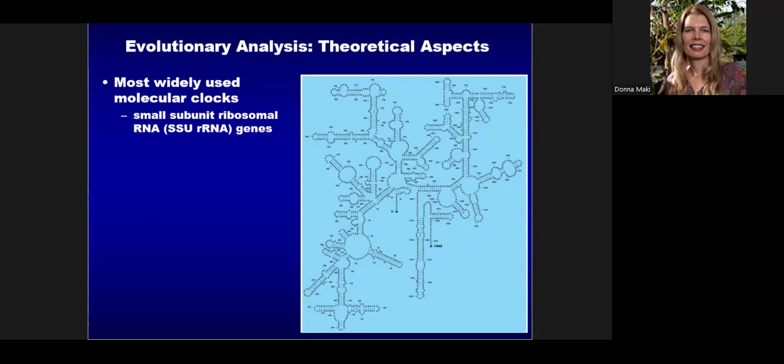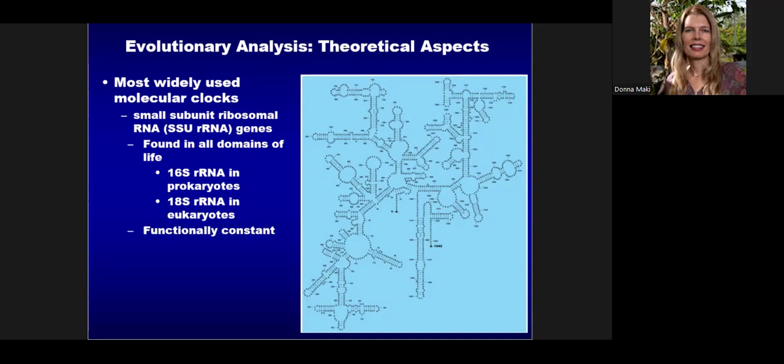So with microbes, that can work. When they do that, just be aware that microbes, or the prokaryotic cell type, have the so-called 16S ribosomal RNA, and the eukaryotic cell type has the 18S. So it's a little bit different, but basically they're looking at the gene that codes for the ribosomal RNA.